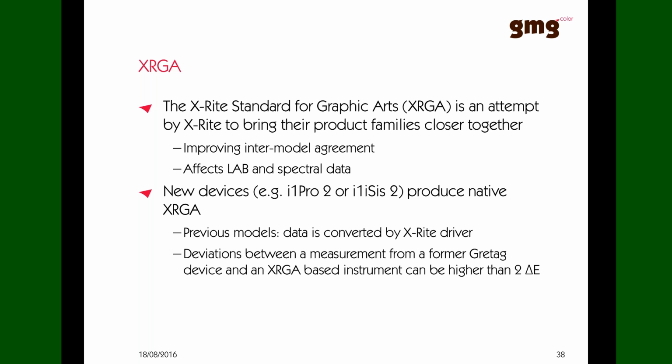In the beginning, they did this by software and software drivers, or we had implementations in our software. And new devices like the i1 Pro 2 or the iSis 2 produce native XRGA measurement data.